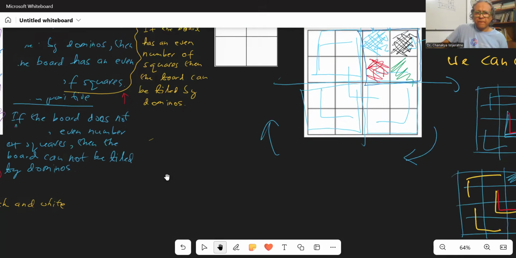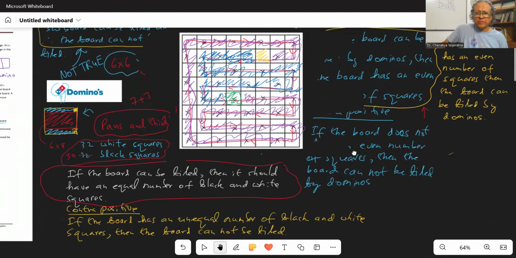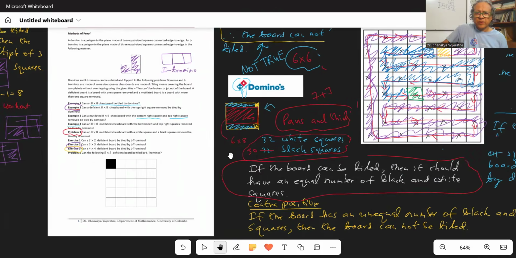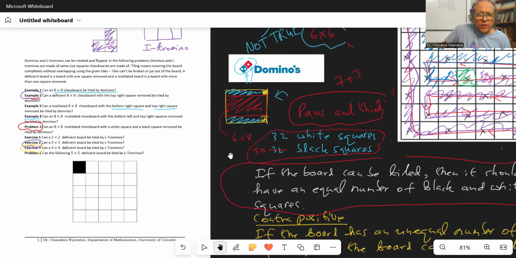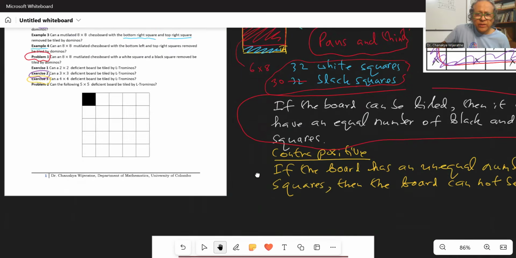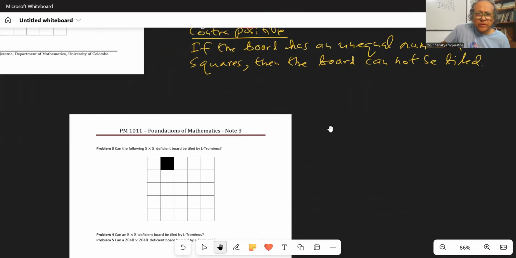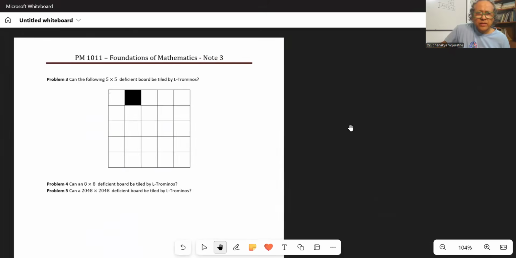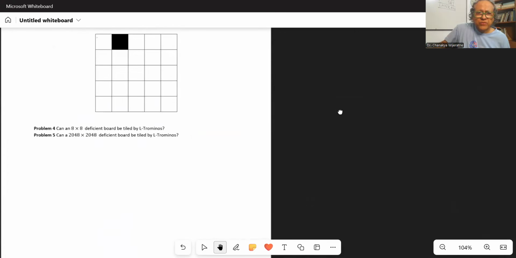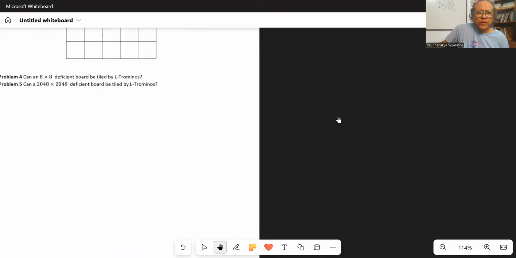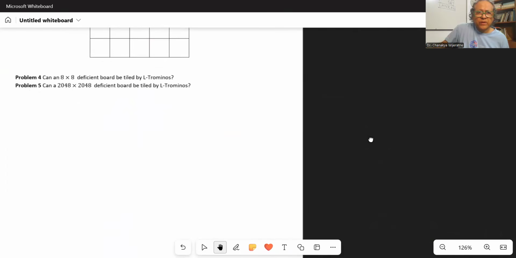Here, problem 4. Can an 8 by 8 deficient board be tiled by L-trominoes?